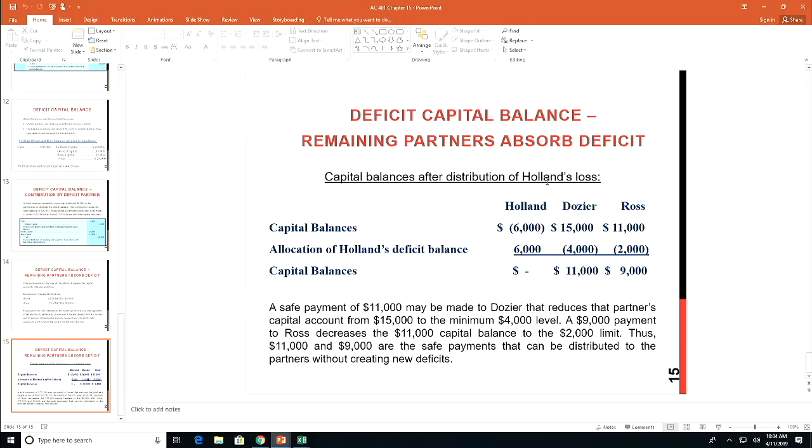Ross will bear 2,000. So this is how they are covering Holland's negative amount, and that reduced their capital. After doing these adjustments, their latest capital is 11,000 and 9,000. In total, 20,000. That's the cash they had. So Holland was not able to bring any cash. So they readjusted the capital. They made it equal to the cash balance, and they will take based on this capital.